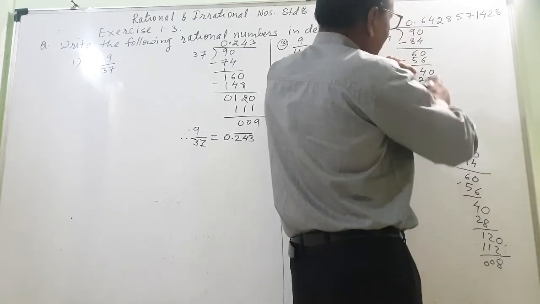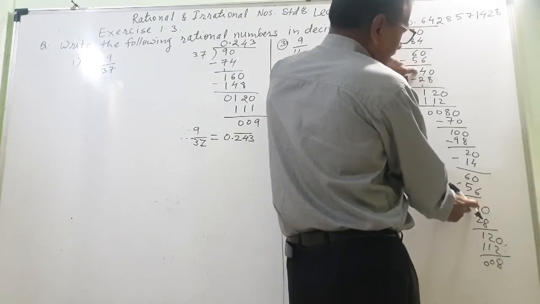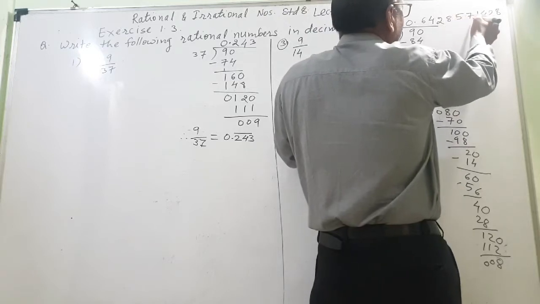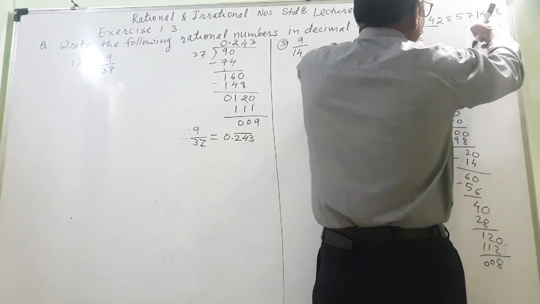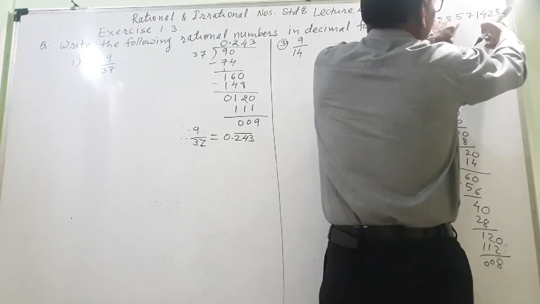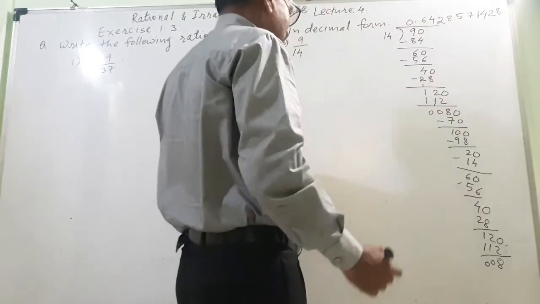Then after that, it is repeating once again. That means from this 4, 2, 8, 5, 7, 1. Here again it has started from 4: 4, 2, 8, and then will come 5, then 7, then 1, like that.